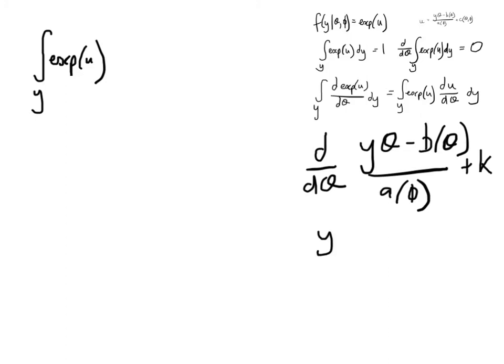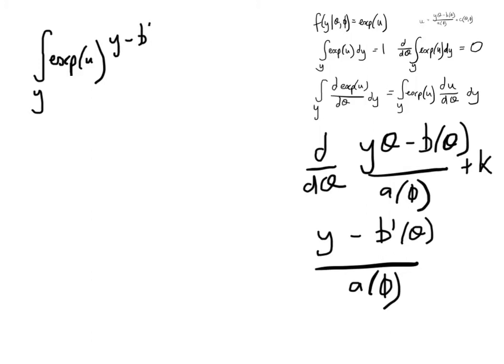So we're looking at something that is y minus b prime of theta divided by a of phi. So if I add this back to the original problem, I'm trying to find the integral of exp u multiplied by y minus b prime of theta divided by a of phi, taking the integration with respect to dy.